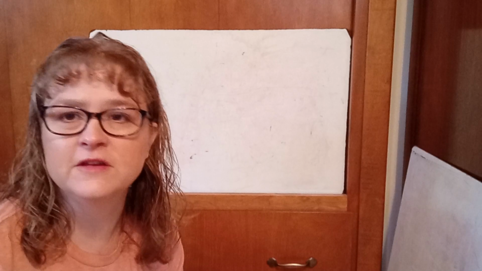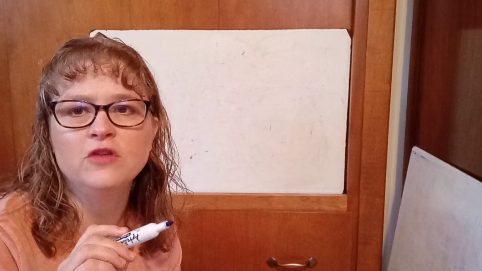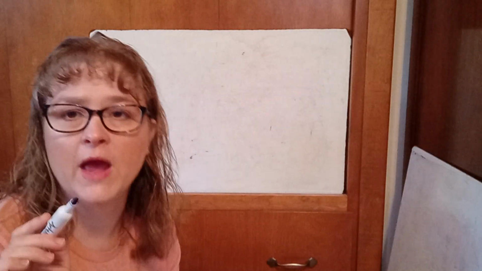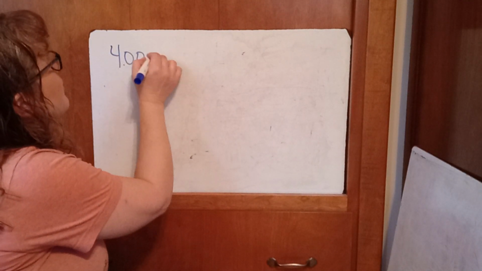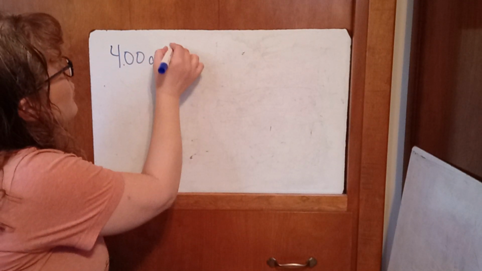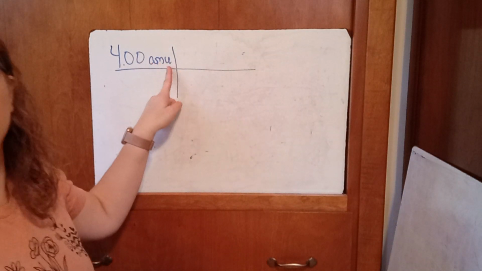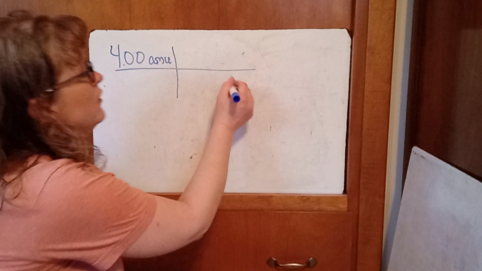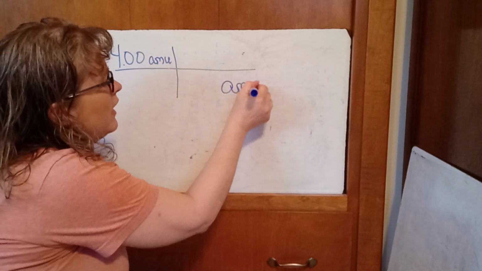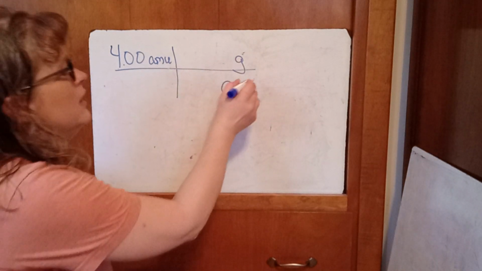Okay, so for instance, if we have helium, if you look on the periodic table right under He, it says 4.00 AMU. And so remember our factor label method. AMU is up here, so AMU needs to be down here so they can cancel out. And we are looking for grams, so it needs to go up there.